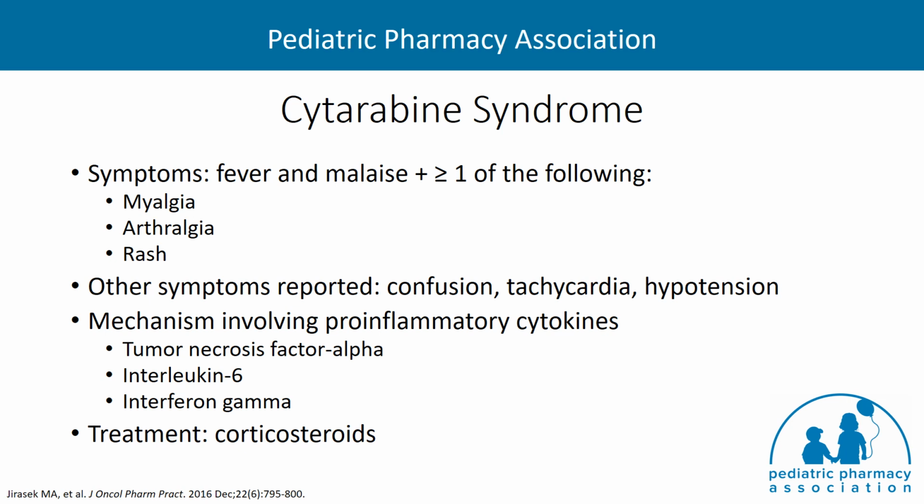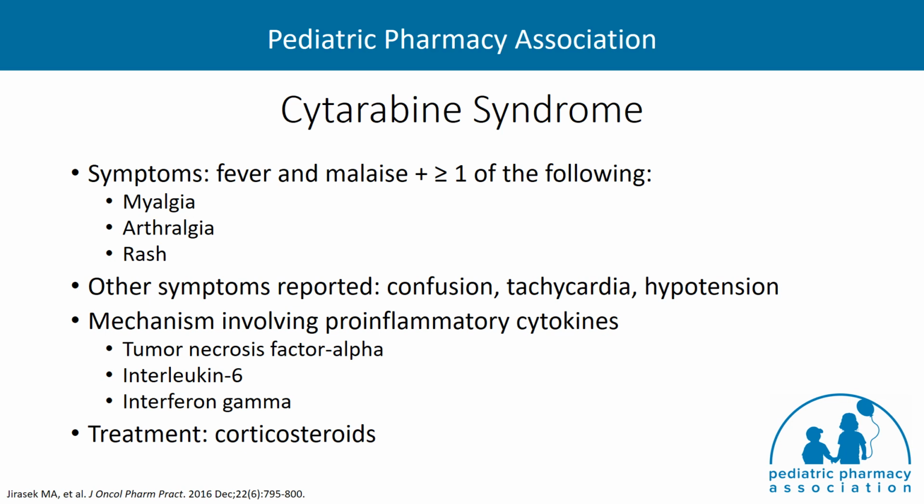And then there are a couple of different mechanisms that have been hypothesized within the literature, but ultimately some recent studies have found that there's an increase in pro-inflammatory cytokines within patients who experience this syndrome, specifically tumor necrosis factor alpha, interleukin-6, and interferon gamma, which may play a role in the downstream sequelae and symptoms that patients experience.